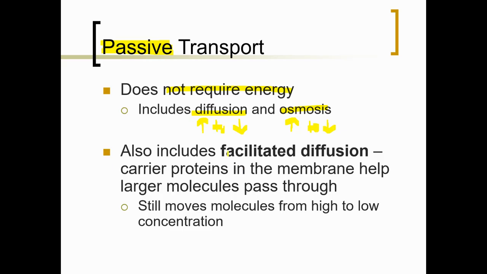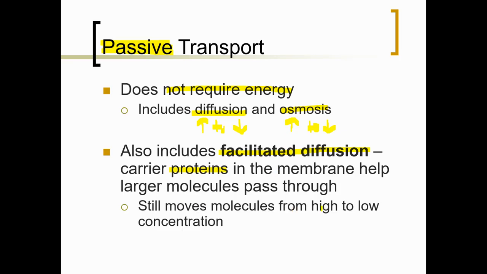Now there's one other type of passive transport that we're going to look at. We've actually talked about it a little bit, but that is facilitated diffusion. Simple diffusion is just high to low through the membrane, like moving through the phospholipid bilayer. Facilitated diffusion is when it involves a protein. So it's still high to low. It's just when the molecules pass through proteins. Technically, osmosis is a type of facilitated diffusion because those water molecules are moving through those aquaporin proteins.